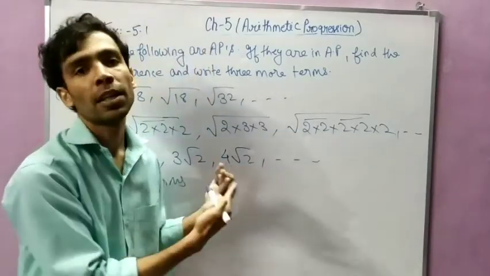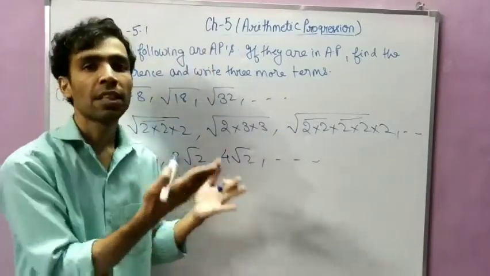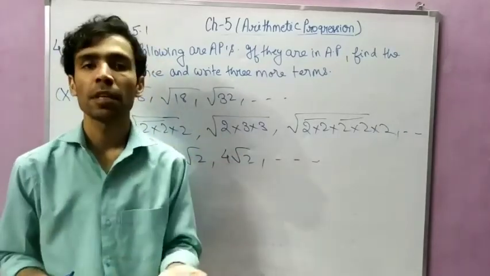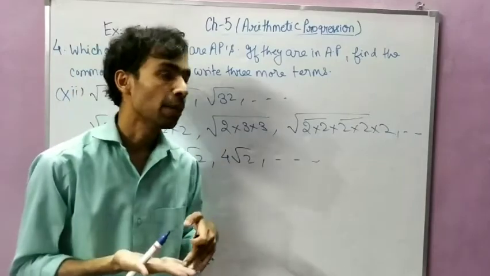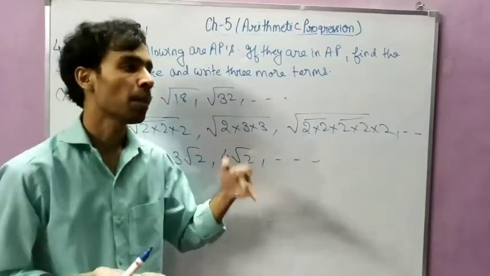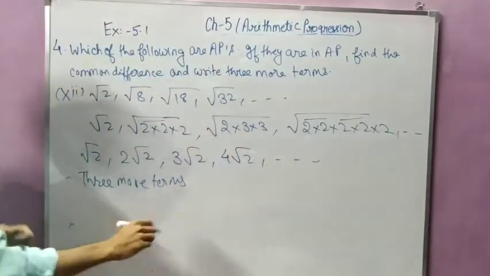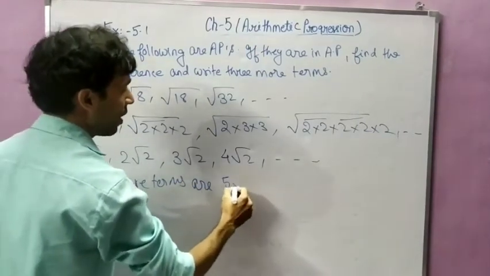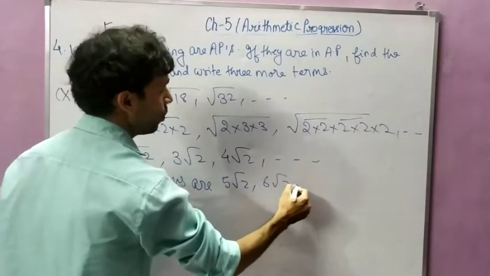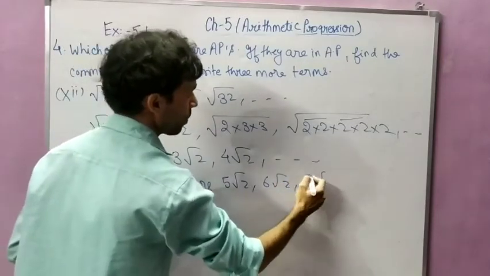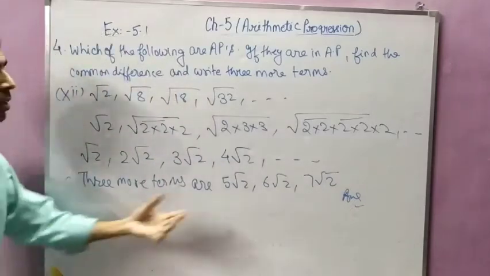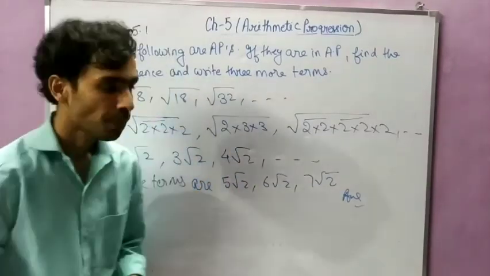Or you can apply the formula like T5, T6, T7. T5 can be written as A plus 4D, T6 as A plus 5D, T7 as A plus 6D. So 3 more terms are 5 root 2, 6 root 2, 7 root 2. That is the answer.